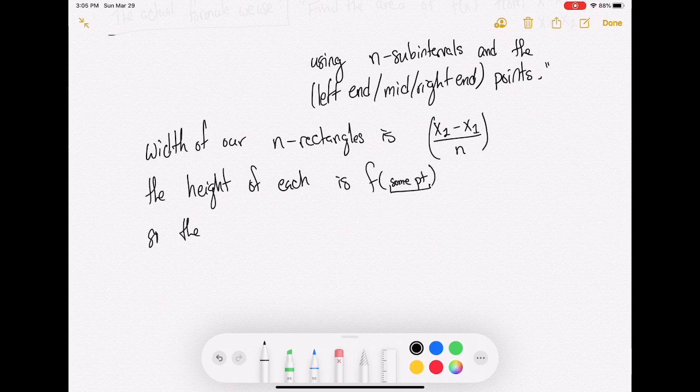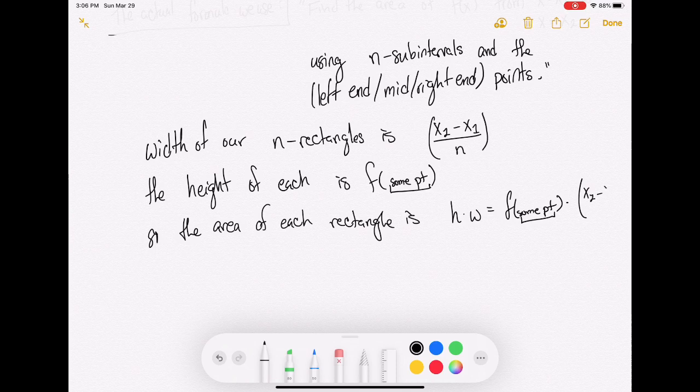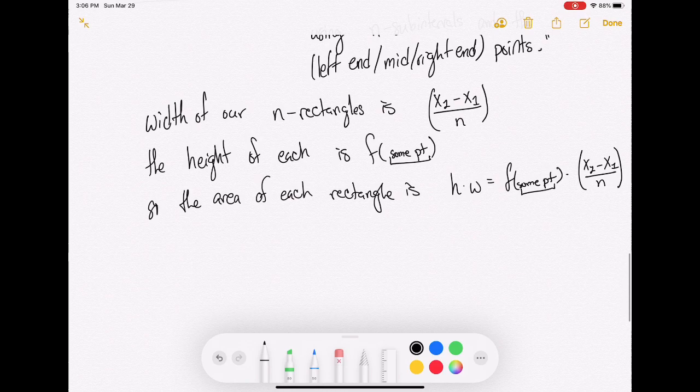So the area of each rectangle is the length times the width, or the height times the width, we can say. H times W, but what is that? It's f of some point, times x2 minus x1 divided by n. So that's the height times the width.